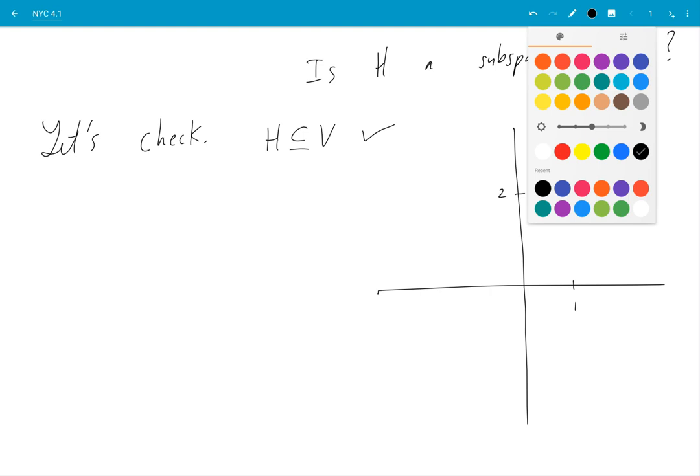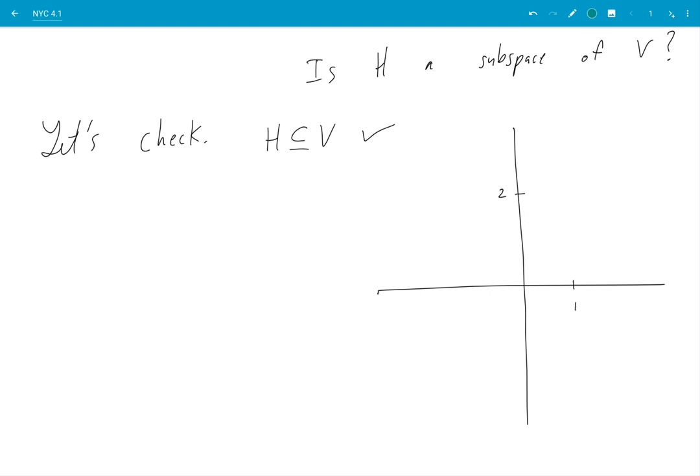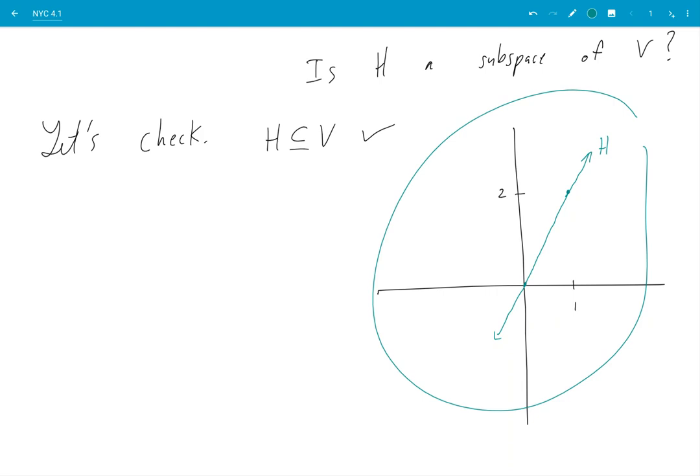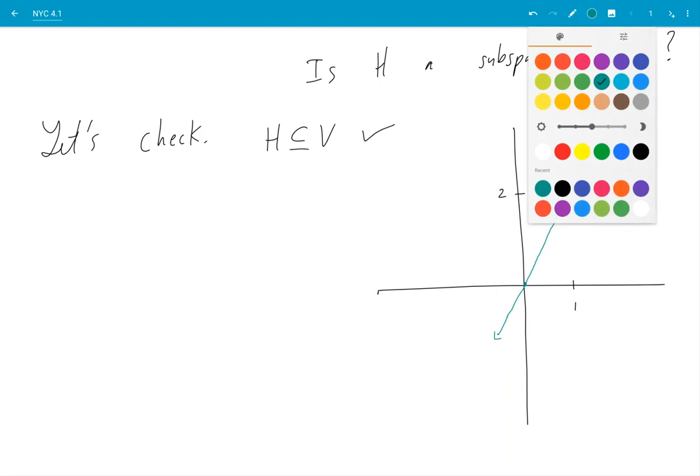So you have your line going through the origin and going through the point (1, 2). So clearly, H is inside of all of R2. Okay, now we'll go through A, B, C.